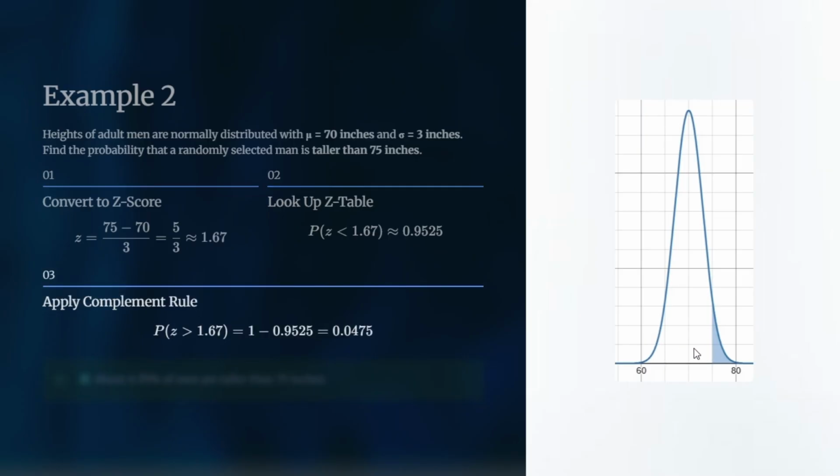So in order to find the area on the right, we'll need to apply the complement rule and just do 1 minus 0.9525. Since we know that the total area under the curve is 1, that will be 0.0475. In other words, approximately 4.75% of men are taller than 75 inches.